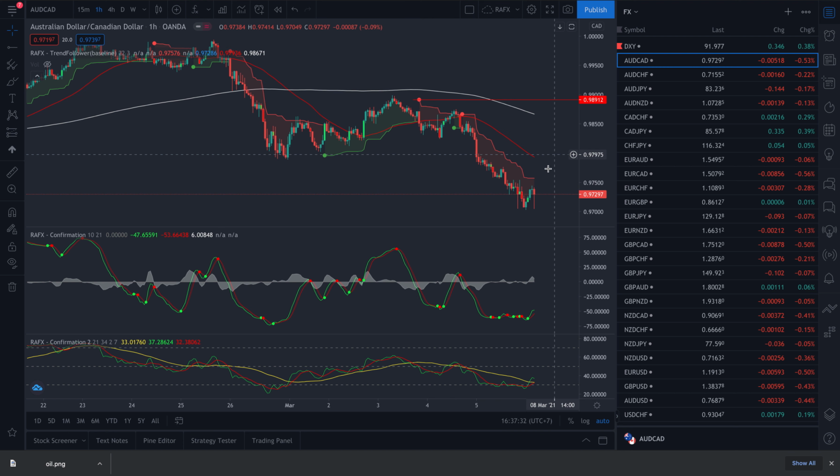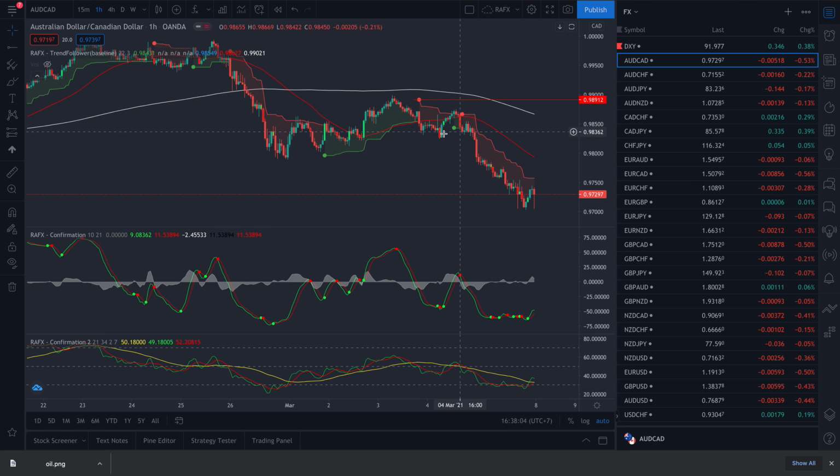In this case I don't have it, because based on this chart, the trend follower indicator is in a downtrend because the price is below this baseline here, and we also have the sell indicator as well. So meaning for AUD CAD, I don't see any long opportunity yet.